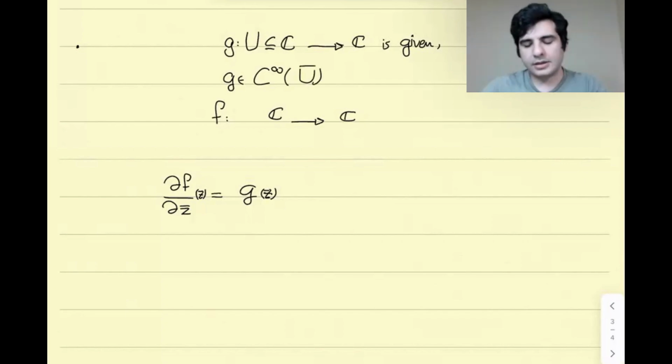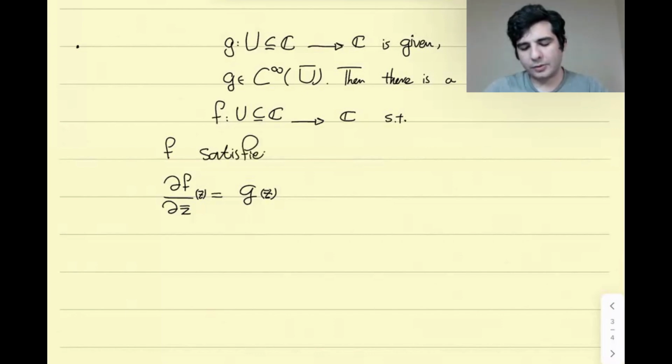It's essentially the notation for bounded. We wanted to say then there is a function f defined on the same domain so that f satisfies this equation, right? That was the main thing.